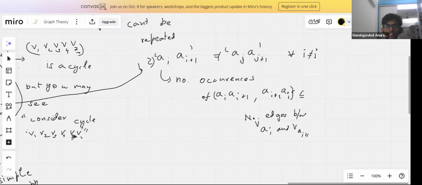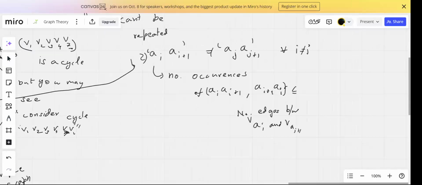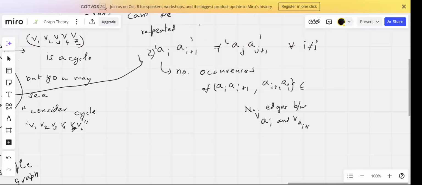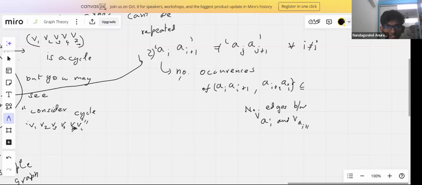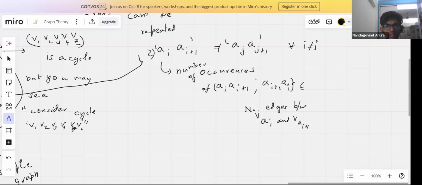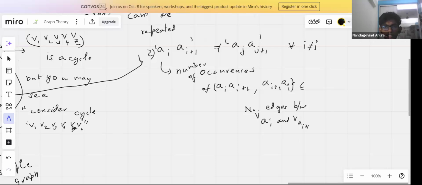Okay, so the number of occurrences of (a_i, a_{i+1}) and (a_{i+1}, a_i) is less than or equal to the number of edges. So either 4 5, or 5 4, right?